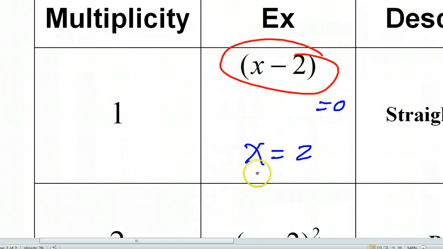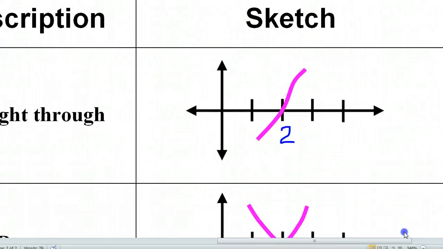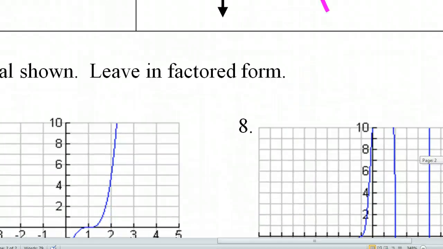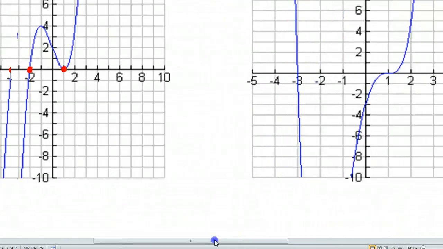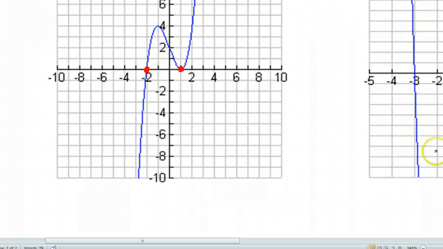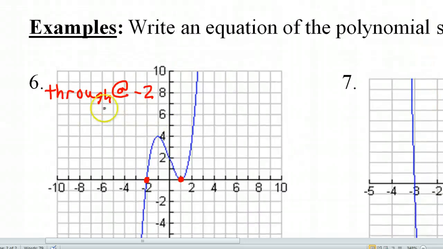That's a single. And that's when it goes straight through the graph like that. So for this first one, it goes straight through at negative 2. So what's the factor that I'm going to get out of that? x plus 2. I'm going to have a factor of x plus 2, and I know it's going to be a single, just plain x plus 2, not squared, not cubed.